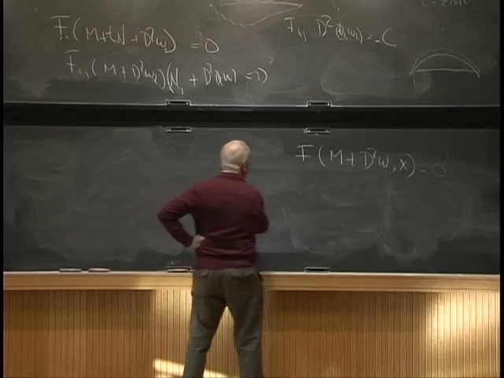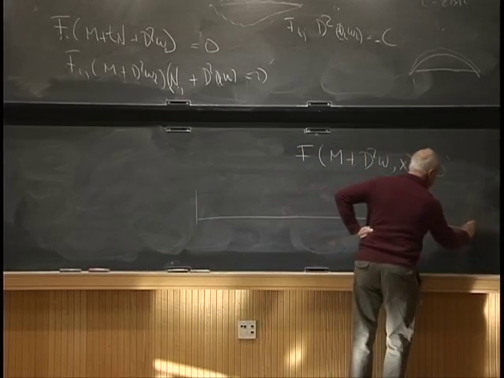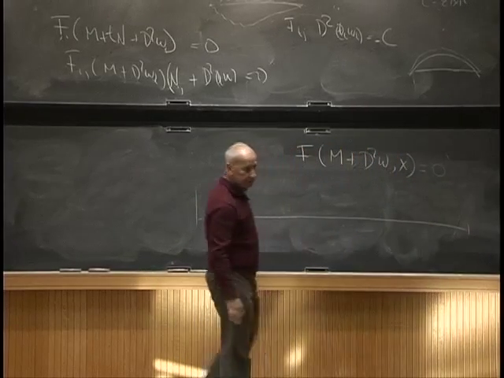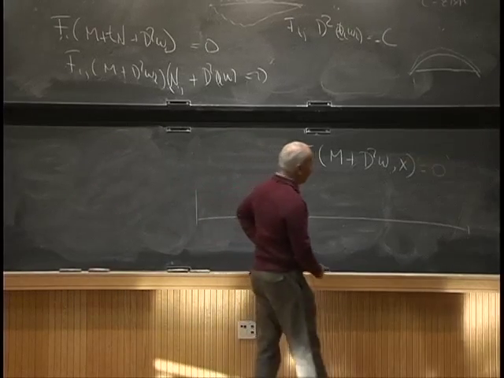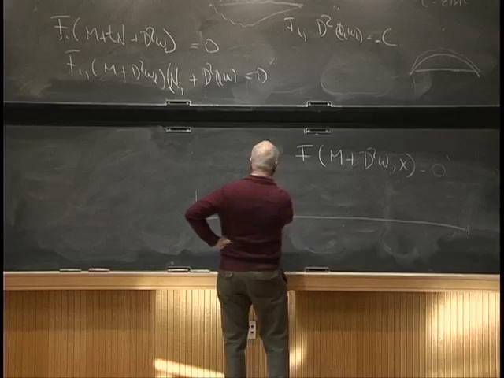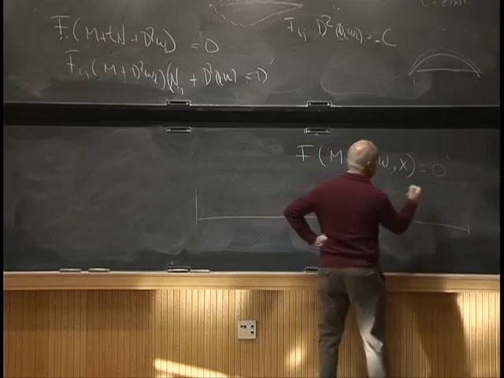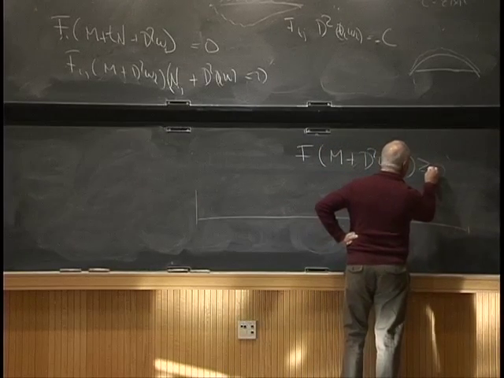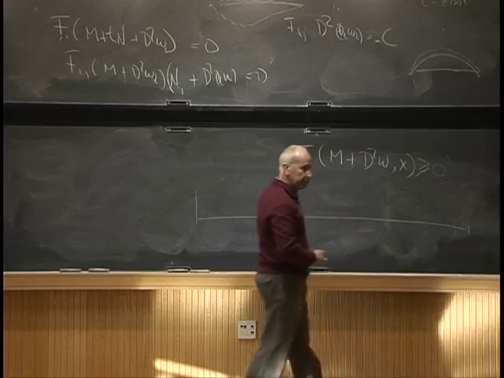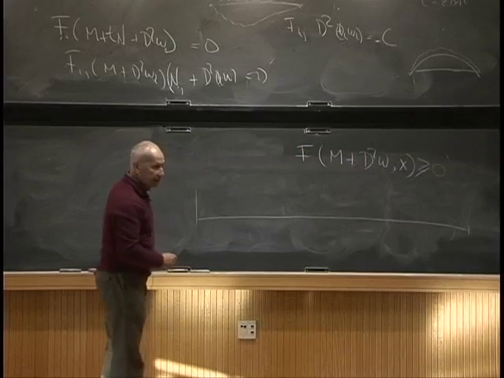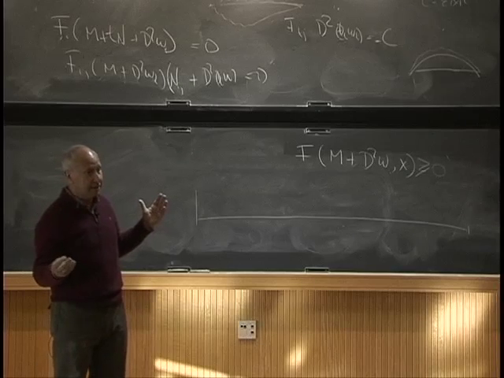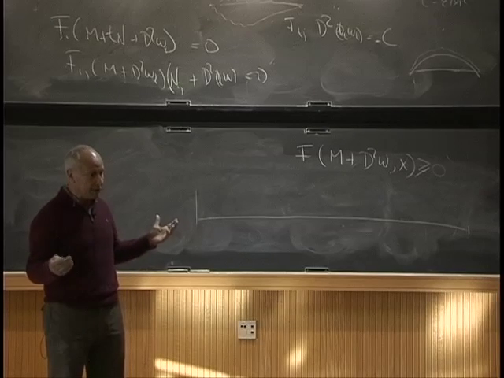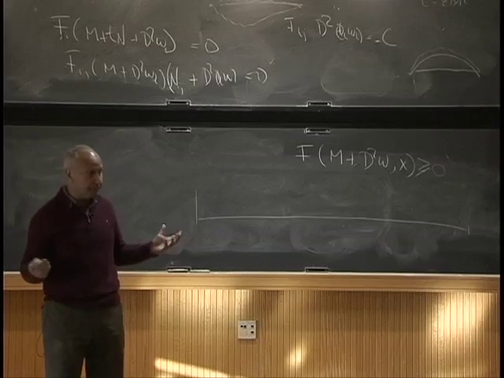Let's take a very large cube, right? And instead of solving this that can go up and down, let's take the least super solution above 0. In other words, you do the Perron method to construct W. You will take all super solutions and you will take the smallest of them.